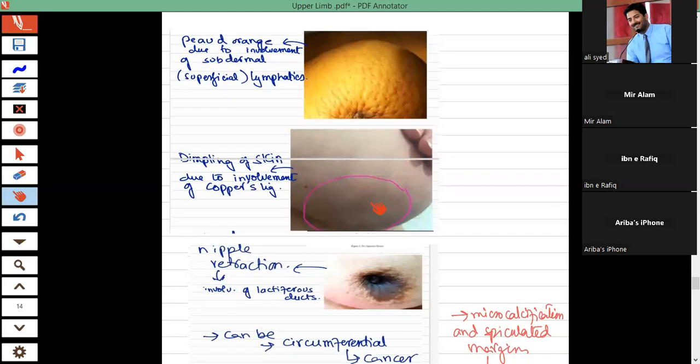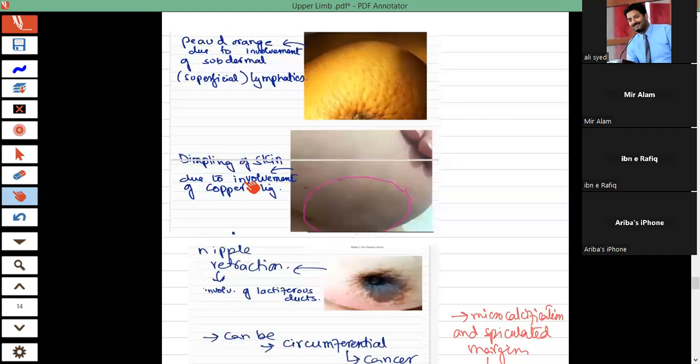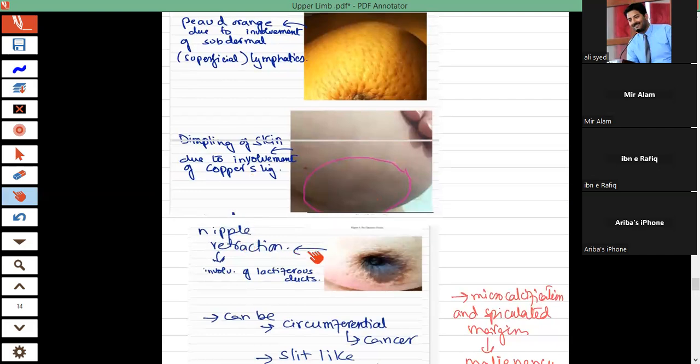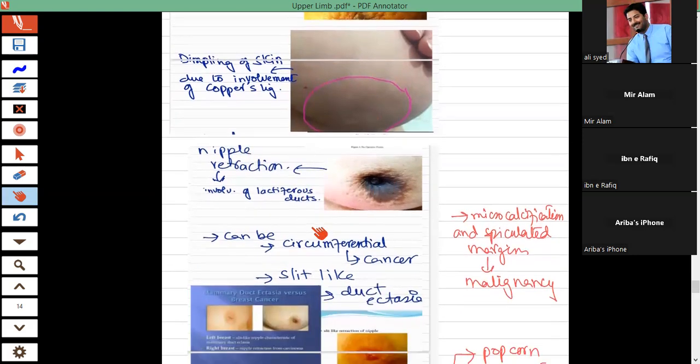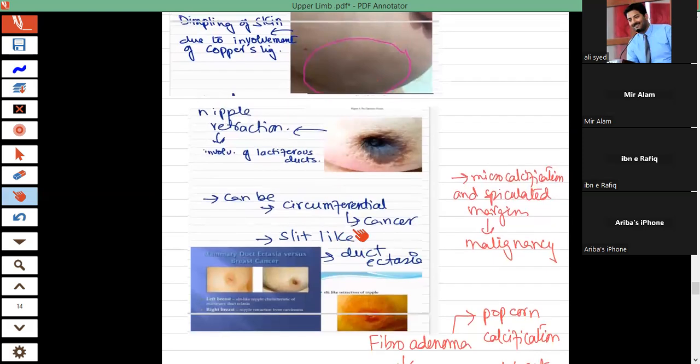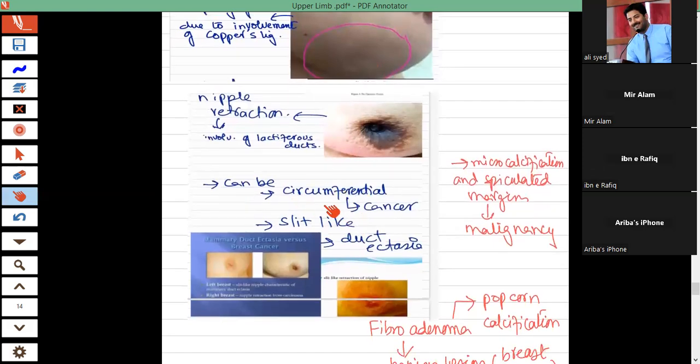I already explained this to you. If the cancer is involving Cooper's ligament, the suspensory ligament of the breast, there will be dimpling of the skin. If the cancer is involving the lactiferous duct, there will be nipple retraction. And please remember, nipple retraction can be of two types: circumferential retraction or slit-like retraction.